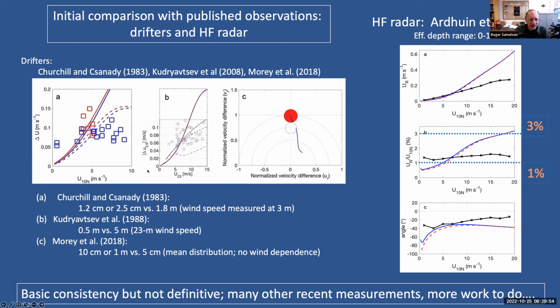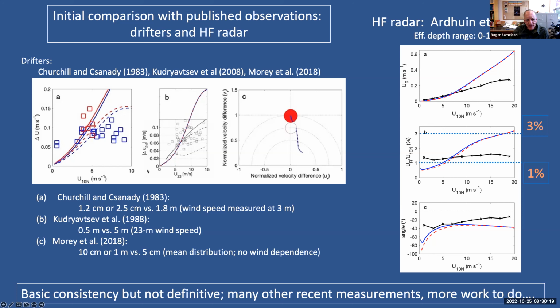These don't, so in the 2 left panels, the boxes are the observations and the lines are the model. There's actually not a very strong relation in the data here between wind speed and the shear, or that's actually shown here. So the model goes sort of through the cloud of observations, so it's sort of consistent, but it's certainly not definitive.